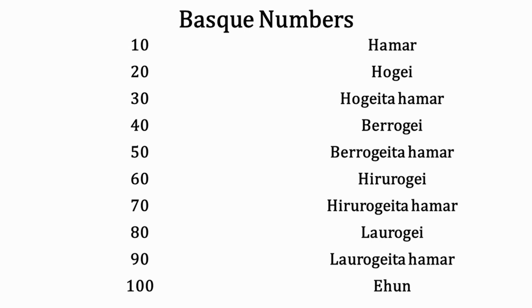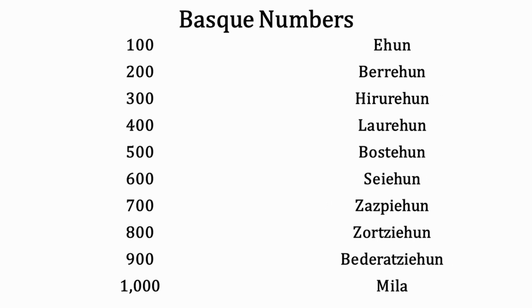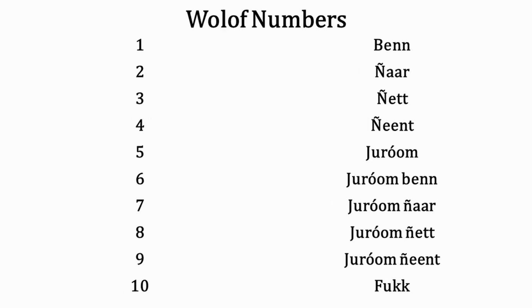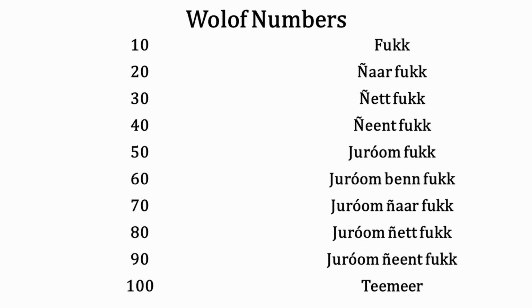Basque of northern Spain and southern France uses base 20 up to 100, where it switches over to base 10. Wolof, a language of Senegal and neighbouring countries, uses base 5 up to 10, where it switches to base 10.